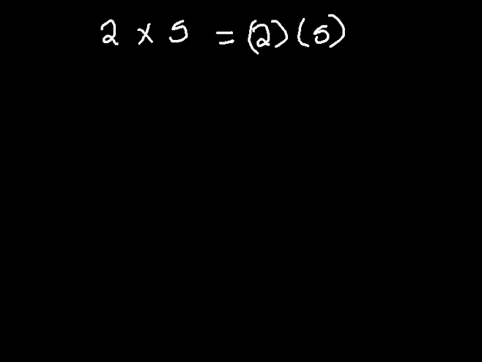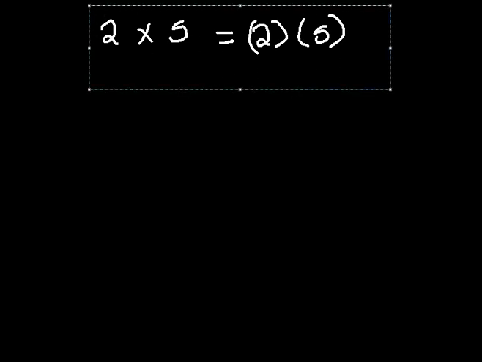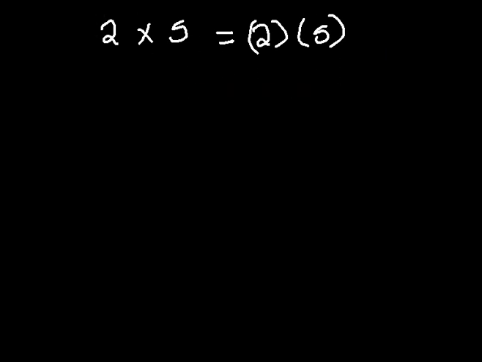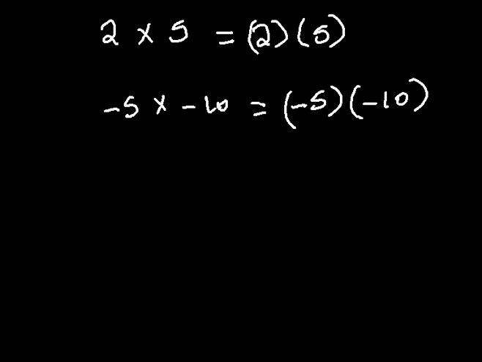So that is also a case of multiplication. And we can also have, let's say, negative 5 times negative 10. You can also present that as negative 5 times negative 10 in brackets. So this bracket shows that that's a multiplication.